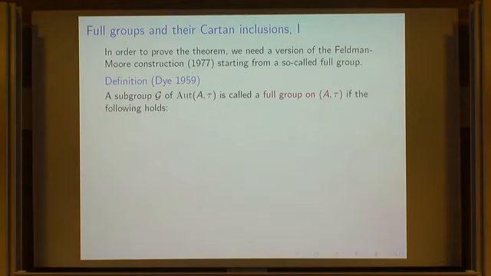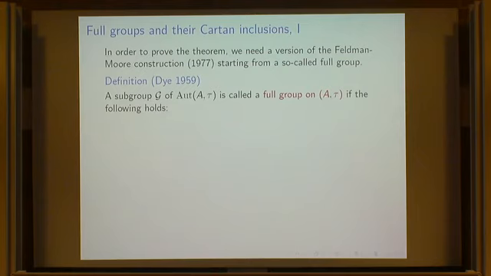And then finally, before the proof, I wanted to talk about this Feldman-Moore type construction, the way of coming up with M in the first place. The Feldman-Moore construction originally is where you have an equivalence relation on some probability space, and then you have L infinity, and you build a bigger von Neumann algebra that encodes the equivalence relation. But you can formulate all of this without any measure theory. And to do that, you need the notion of a full group on some von Neumann algebra with state.